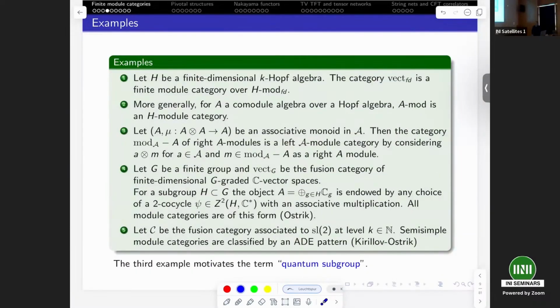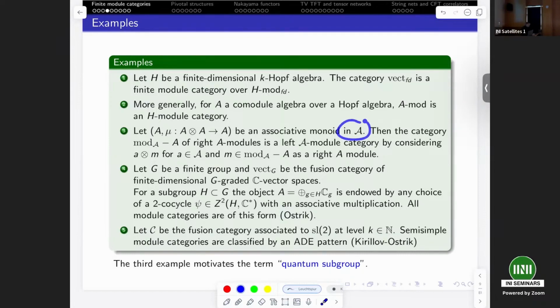Okay, examples. If you have a finite dimensional Hopf algebra H, then if you consider H-mod, the category of finite dimensional vector spaces is always a finite module category over H-mod. The forgetful functor gives you such a structure. Then more generally, if you fix a comodule algebra for a Hopf algebra H, then its module category is an H-mod module category just by using pullback. And one way to get examples is the following.